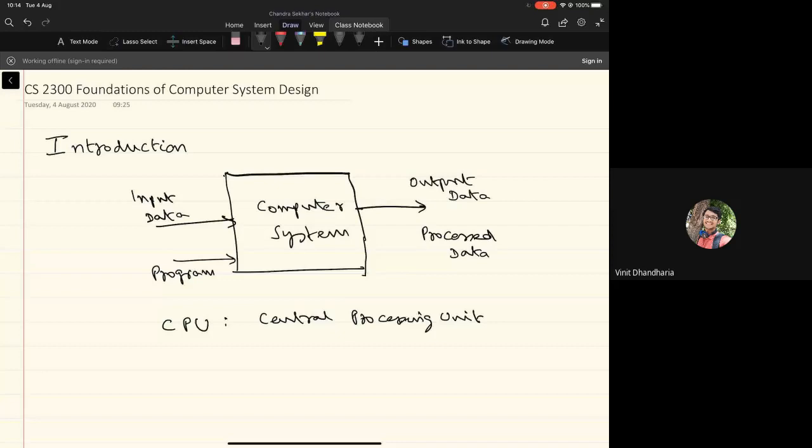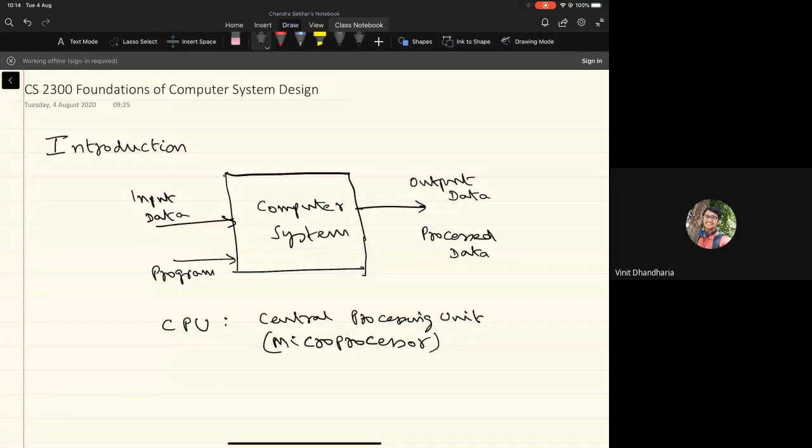We also interchangeably use the term microprocessor to refer to this central processing unit, but a more appropriate term is the central processing unit. As the name itself indicates, this is the most important component of the computer system, which does all the processing, and also does what is called controlling the operations within the computer system.